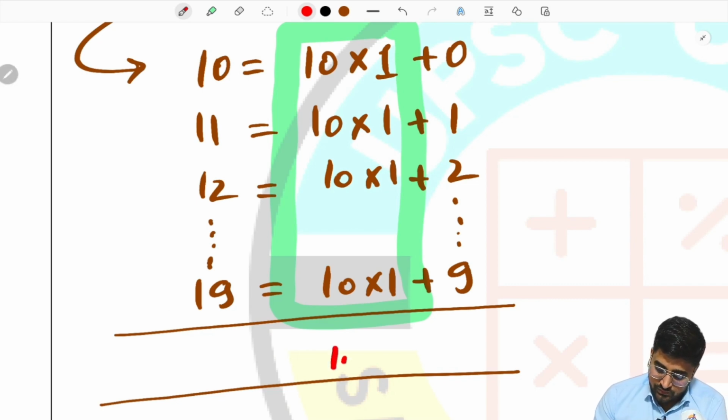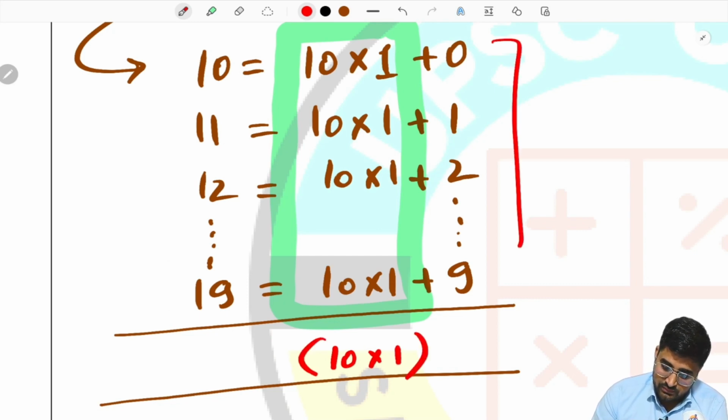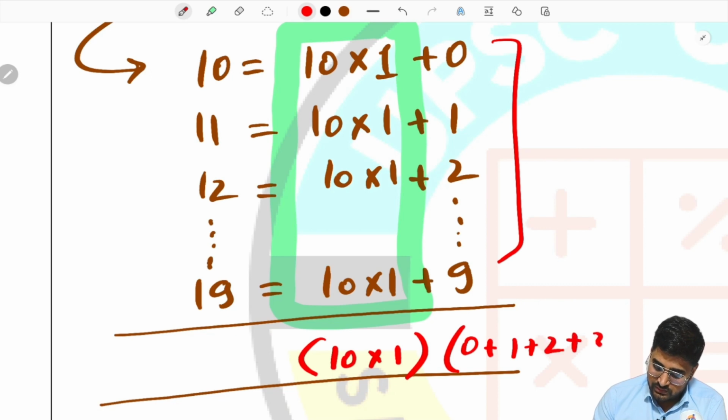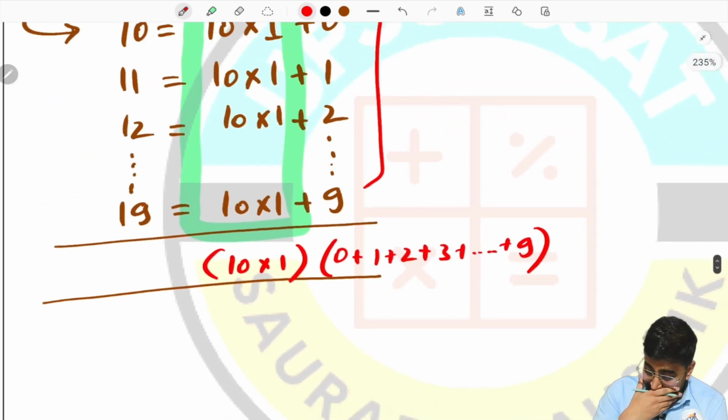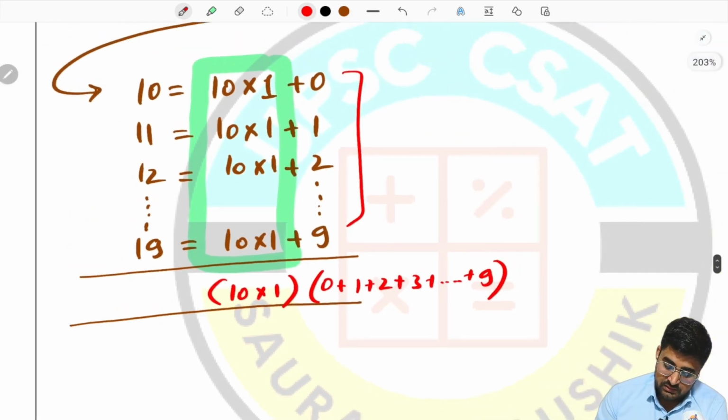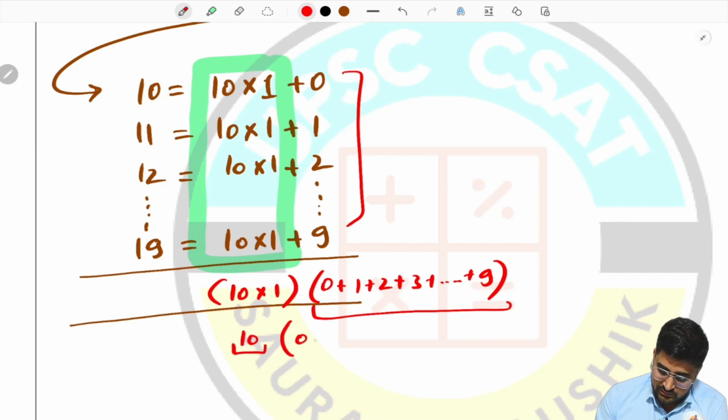Okay, so we will take this common and write 1 plus 2 plus 3 and so on till 9. 0 has no significance, but I am writing it. Please pay attention, this is basically 10 times.